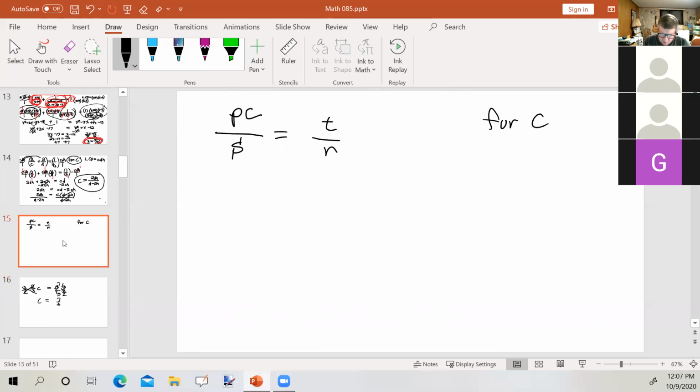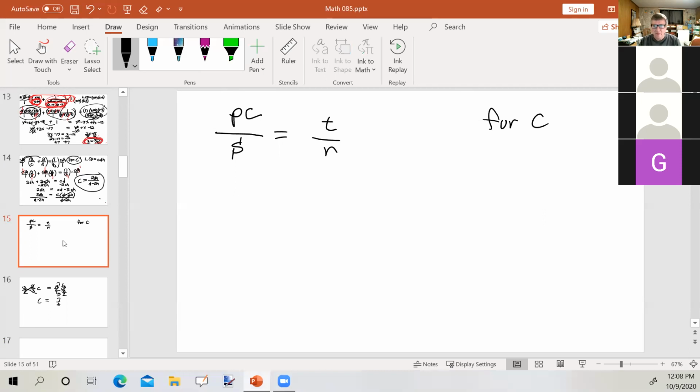But okay, so PC over S. Recall that all of these variables represent numbers. So if C is our variable of interest, what is the coefficient of C? Wouldn't it be P over S? Yes. And isn't P over S a fraction?